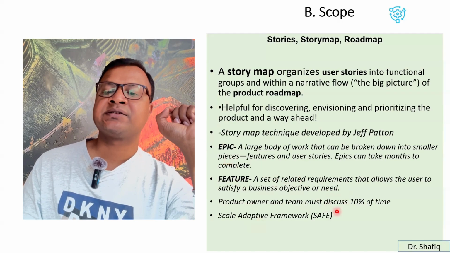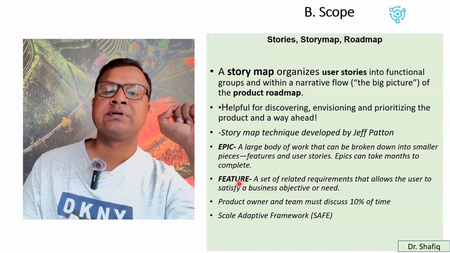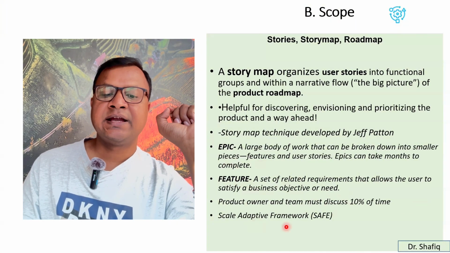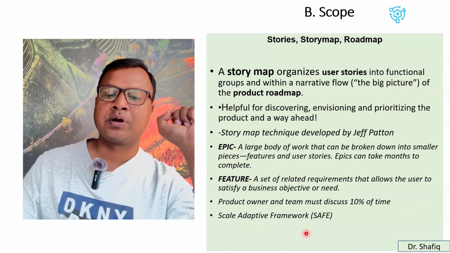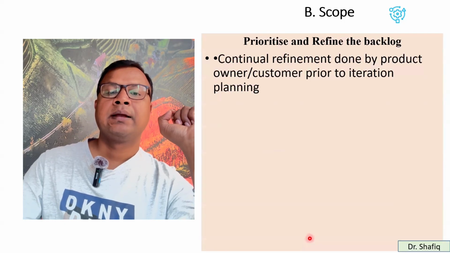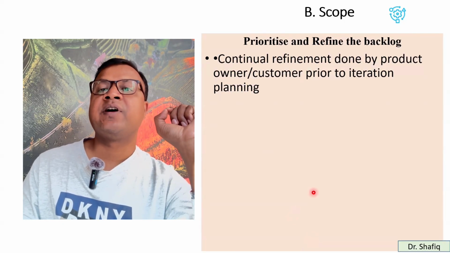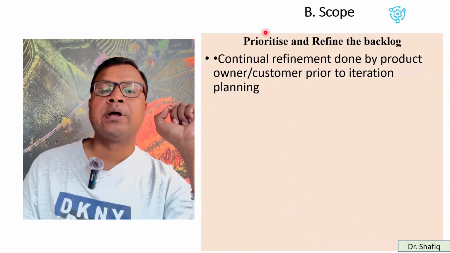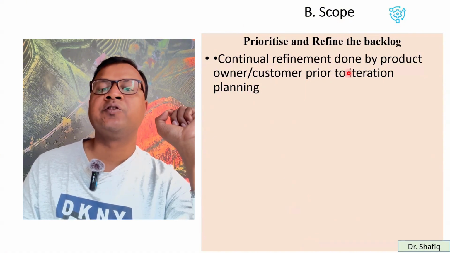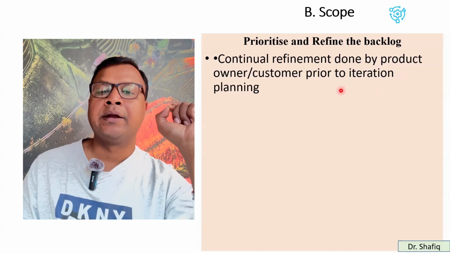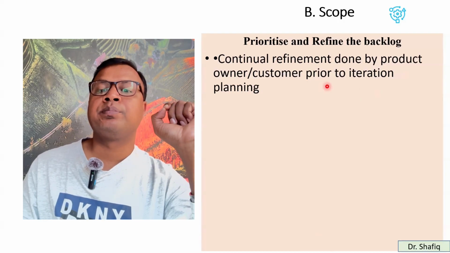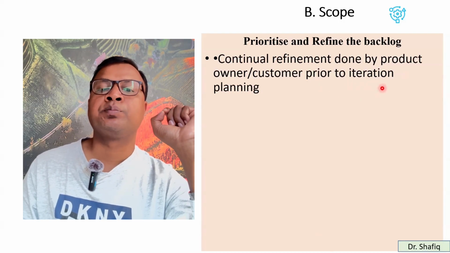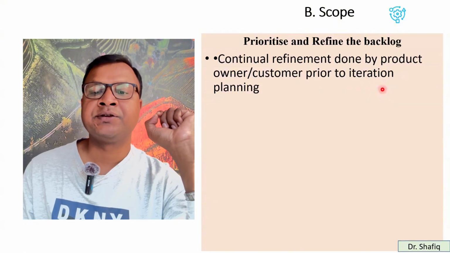Product owner and team must discuss 10% of time for this feature. Scaled adaptive framework can work better. And prioritize, refine the backlog. Continuously, the product owner will do the continual refinement and they will prepare the iteration planning by the team.